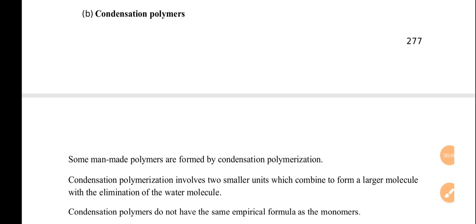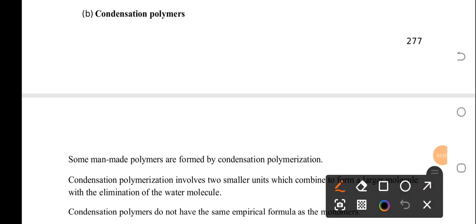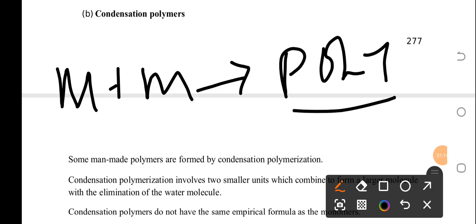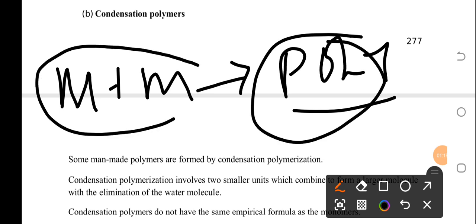In the previous video, we defined what polymers are, and we said polymers are macromolecules which are formed as a result of the combination of smaller units which are called monomers. When you combine two or more monomers, what we are going to have is what we call a polymer.